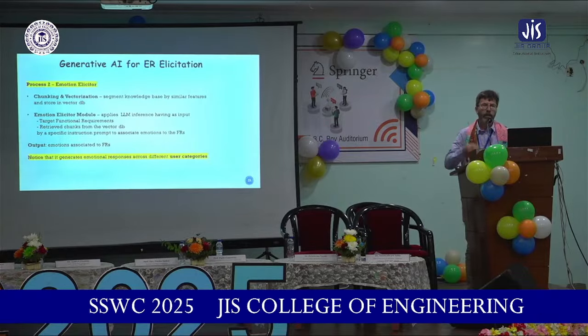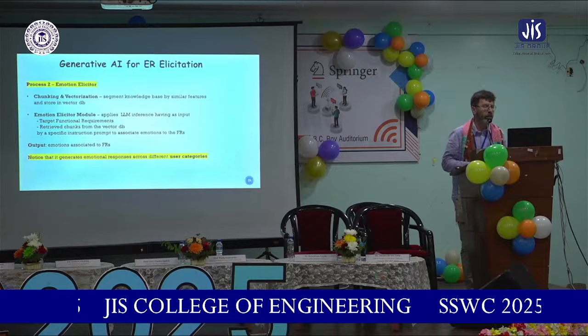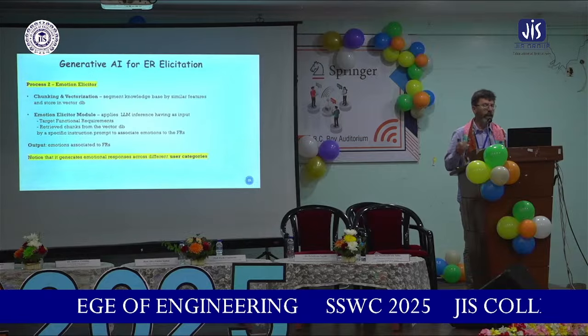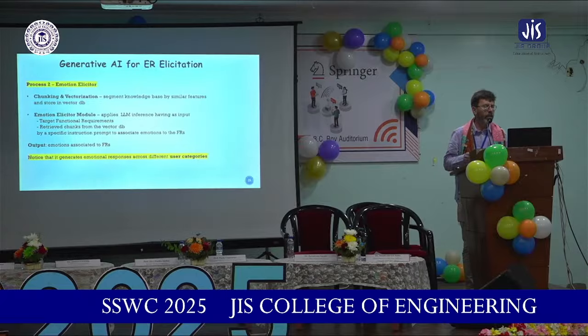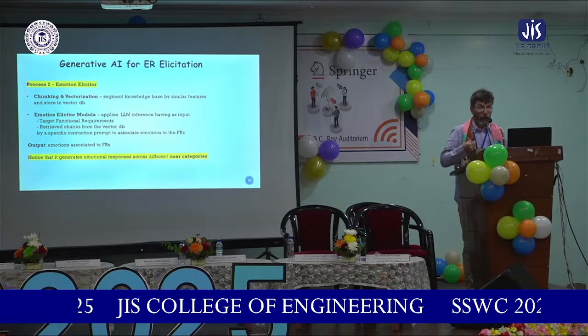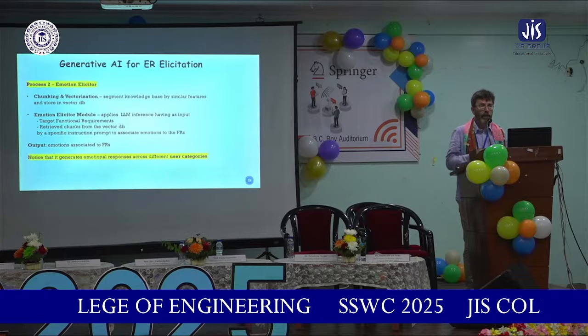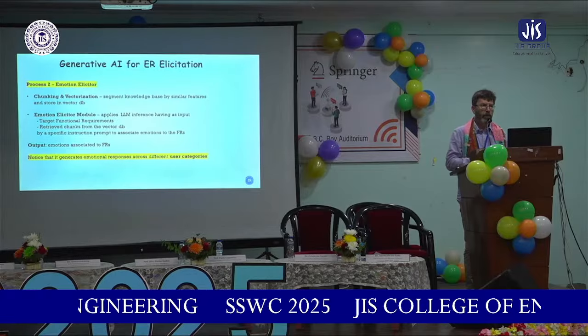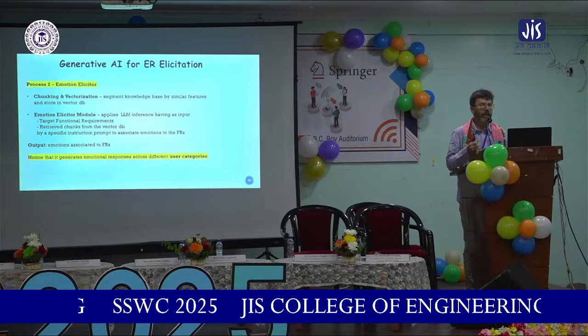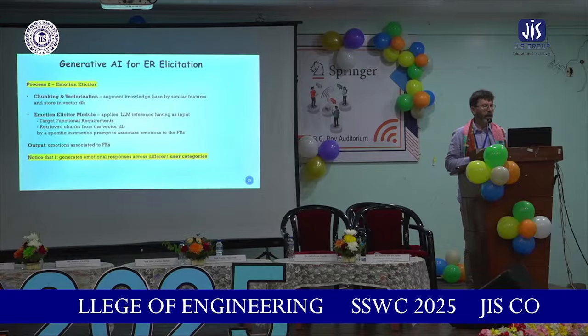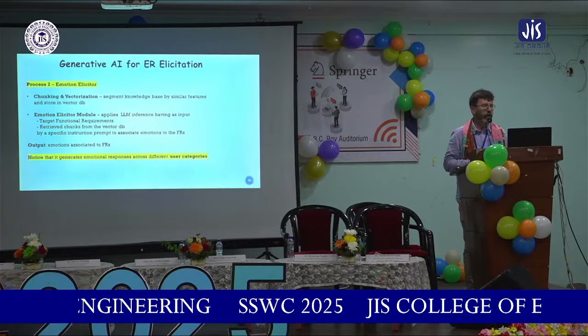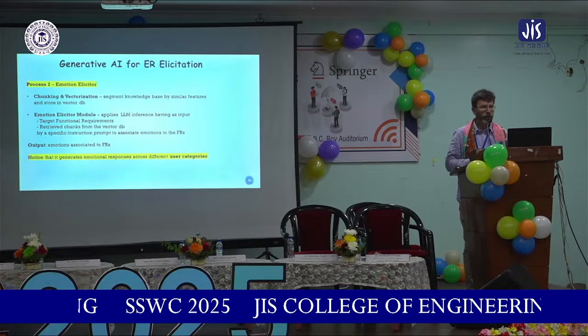And then in the second action, the emotion elicitor, we start from the target functional requirements. We use the fact that we may vectorize the information on our knowledge base, and then by a suitable prompt, we may derive the emotion associated to the functional requirement.